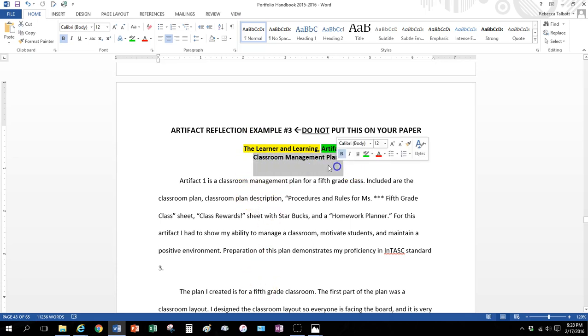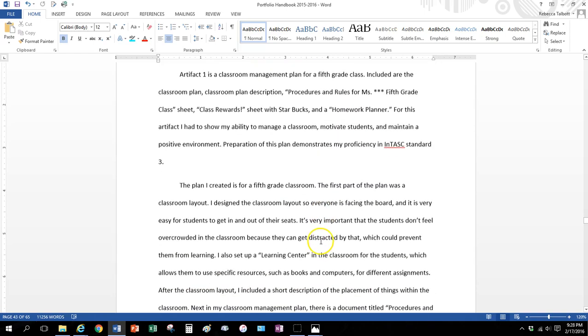And then the actual name of the artifact itself that is being included. That way, as your evaluators are reading through your portfolio, or as I'm reading through your portfolio, I can see, okay, here's the artifact for this section, here's what it's called, and then here's some information about that particular artifact. That's how the beginning of the page always goes for the artifact reflections.